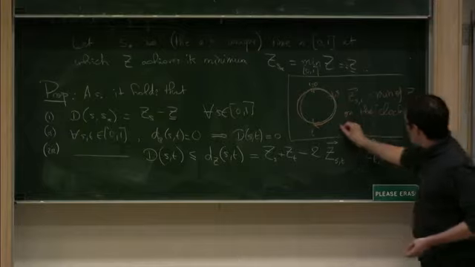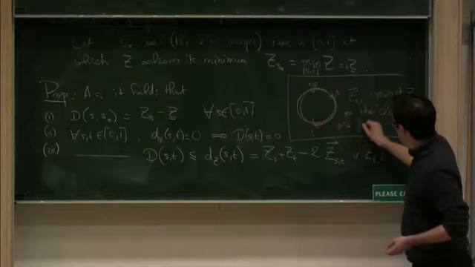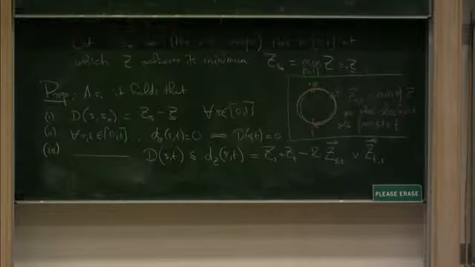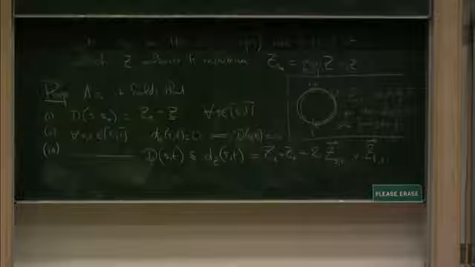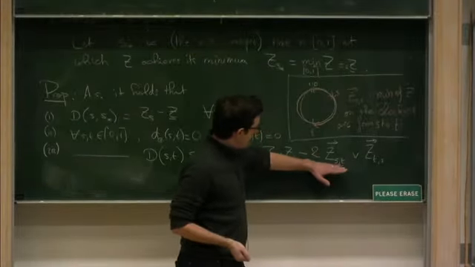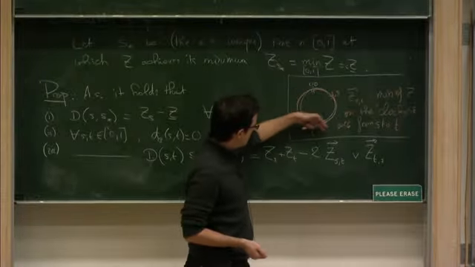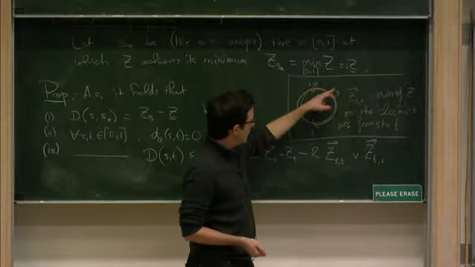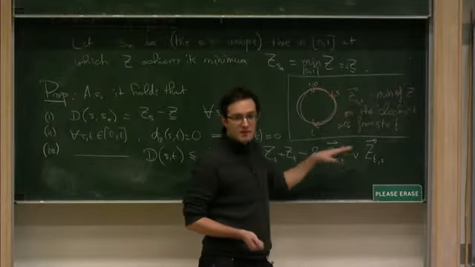Okay, clockwise arc from s to t. And so therefore I take the minimum of z on this arc from s to t and the minimum of z on the arc from t to s, and I take the maximum of these two quantities.